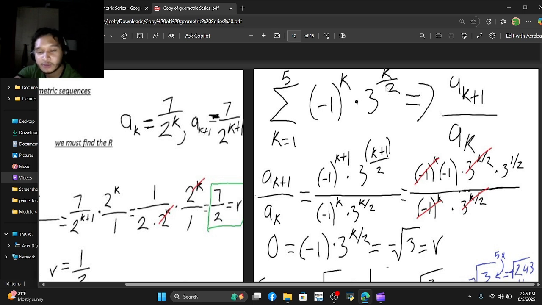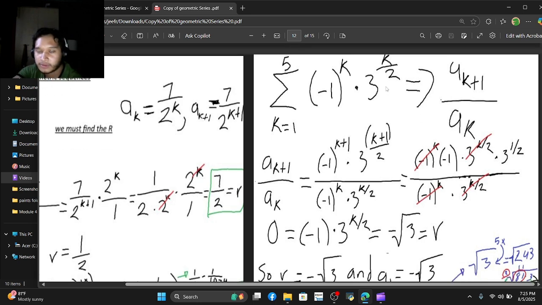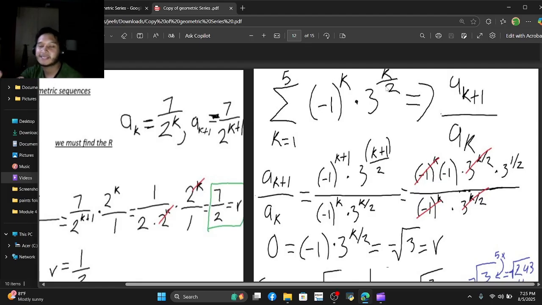Now this k divided by 2 can be said as the square root of 3 to the power of k, but we can write it this way. This is very helpful in calculus. So this is one step into calculus. It's kind of like a review.